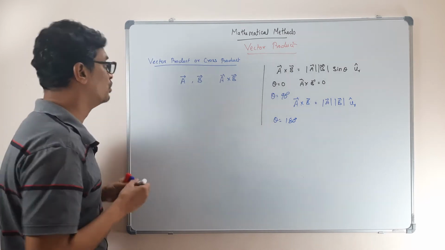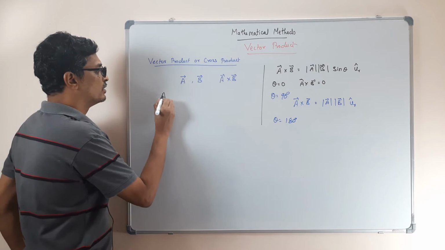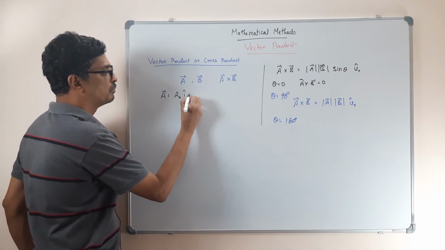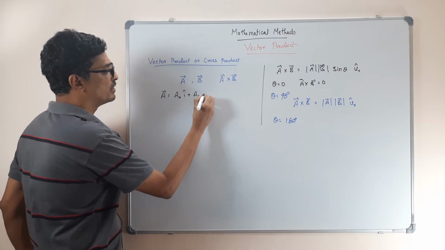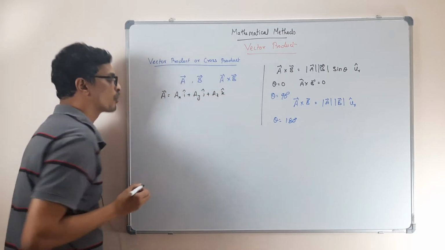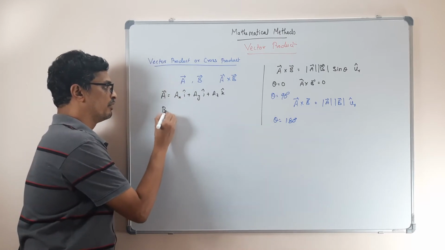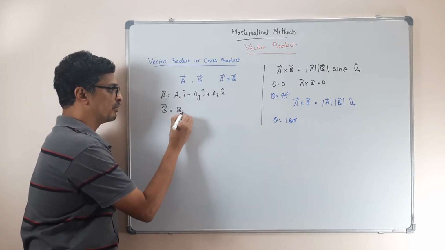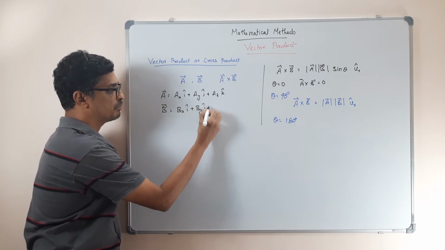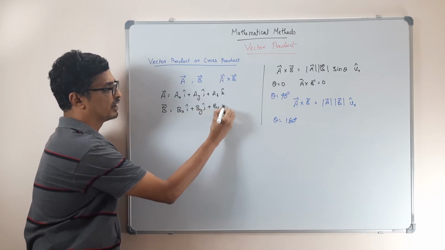So what are you going to do? Let our A vector be AX i cap plus AY j cap plus AZ k cap. Tell me, what about B vector? BX i cap plus BY j cap plus BZ k cap.